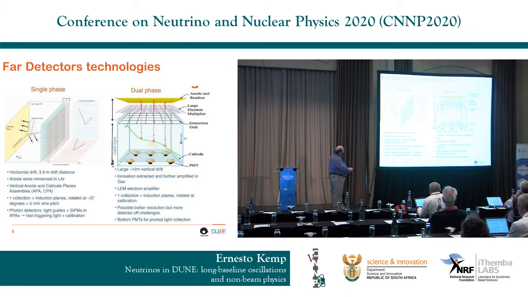So this is the concept, in just one slide, of the technology chosen for the Far Detector. It's a liquid argon time projection chamber, and the principle is when you have charged particles crossing the liquid argon, it will produce photons and also ionized electrons that are accelerated through a very intense electric field towards a mesh of wires.